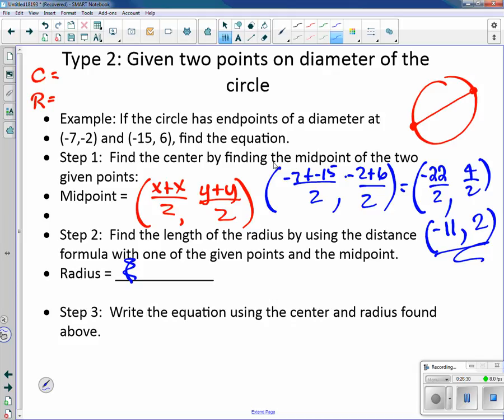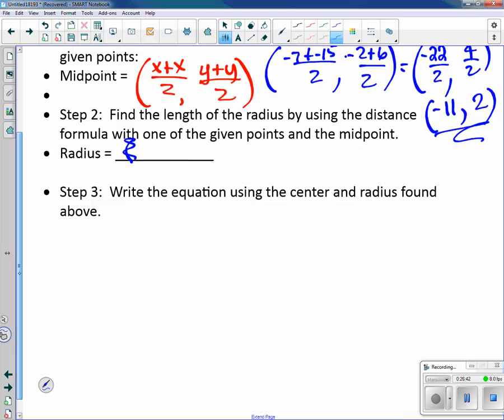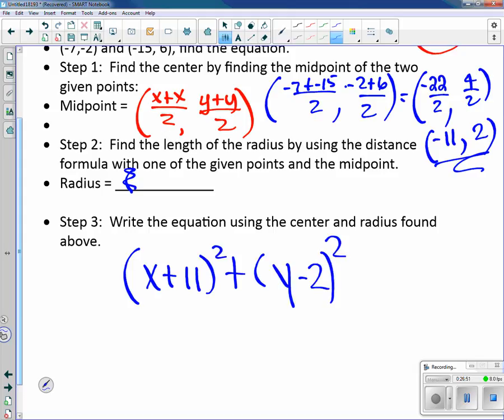That is my center. You have all that blank space at the bottom. It doesn't matter because remember I'm changing what we did here. So, you should have had x plus 11 squared plus y minus 2 squared.